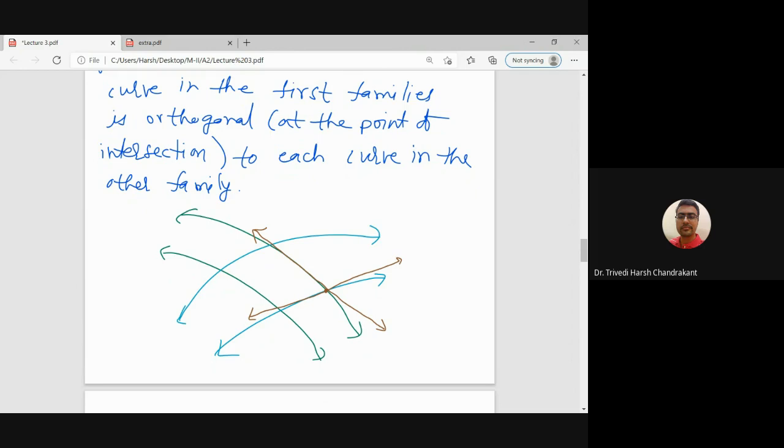So the slope of the first curve is, let us say, dy by dx. Then using the formula m1 into m2 is equal to -1, we get the other slope to be minus 1 by dy by dx. This is the idea which we are going to use here to find the orthogonal trajectories.